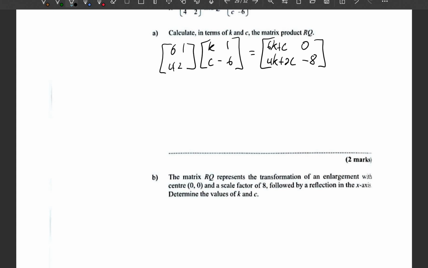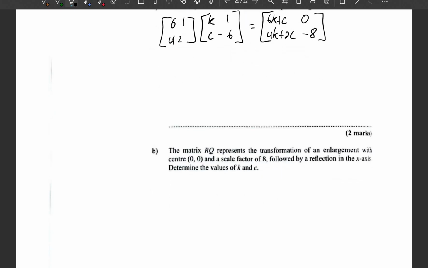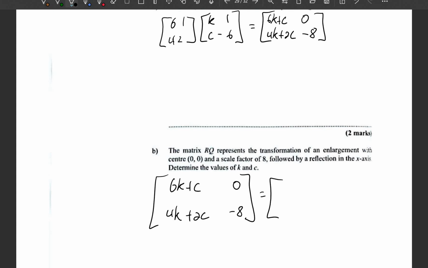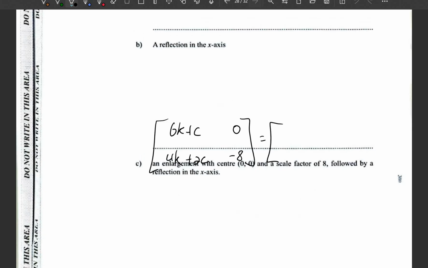Part B says the matrix RQ represents the transformation of an enlargement with center 0 and scale factor 8, followed by a reflection in the x-axis. They want us to determine the values of K and C. So we need to compare this matrix to the matrix that we had before. We have 6K plus C, 4K plus 2C, 0, minus 8, and we are comparing this to our previous matrix, which was 0, 8, minus 8, 0.